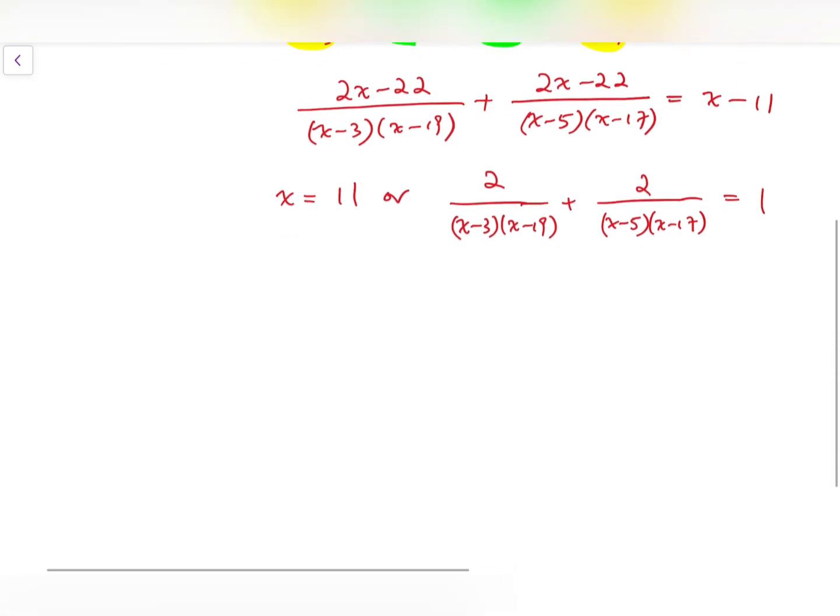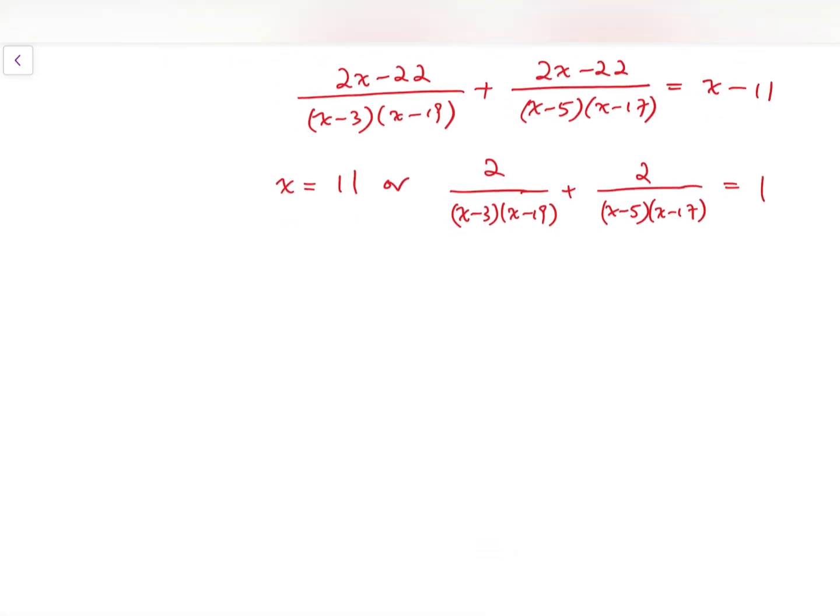Now at this point, to simplify the fractions, just to write them in fewer letters, I'm going to let u equal x minus 11, because you may notice that for these four expressions, x minus 3, minus 19, minus 5, minus 17, there's some kind of midpoint, a number in the middle, which is x minus 11. So if I let u be this number, I can make the expression on the left more symmetric.